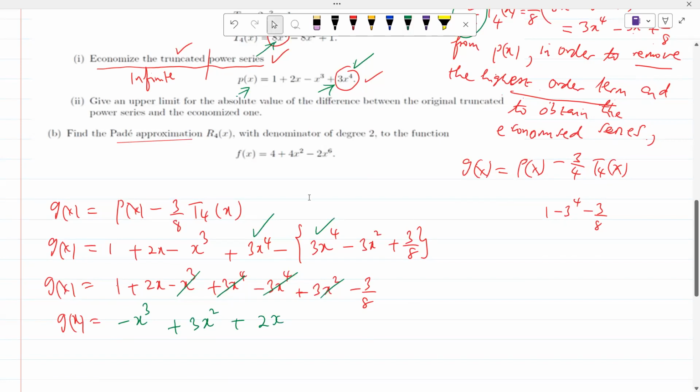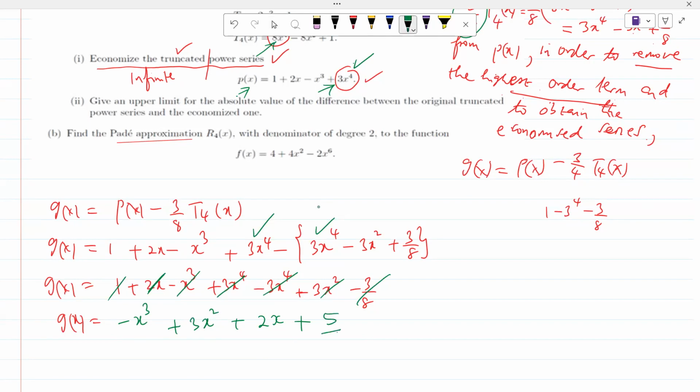The 2x has been dealt with, so we are done with it. Then we have 1 minus 3 over 8, and 1 minus 3 over 8 is exactly 5 over 8.